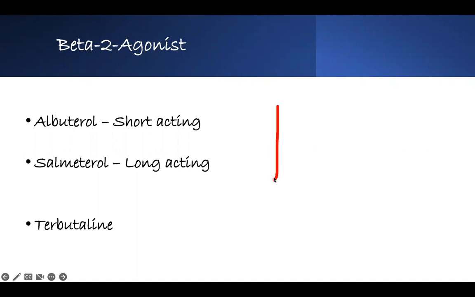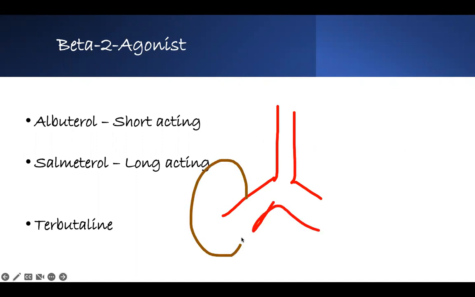So this is the actual airway, okay, and then we have our lung here surrounding this airway. Within the airway, we have smooth muscles surrounding it. These can constrict it or dilate it.